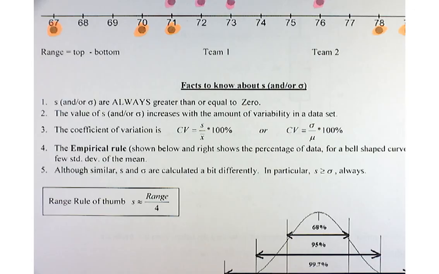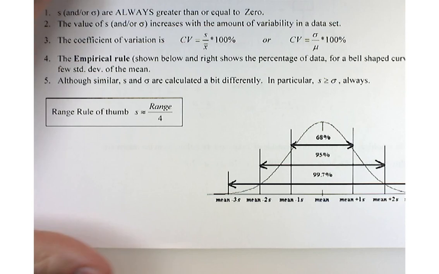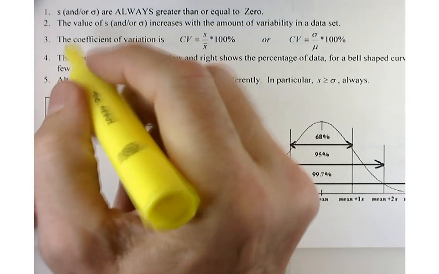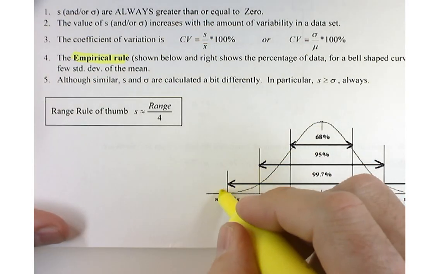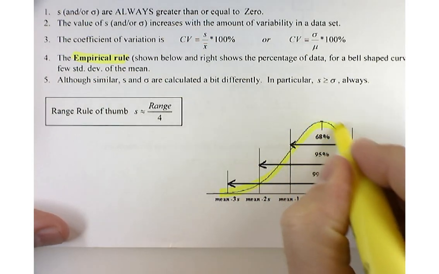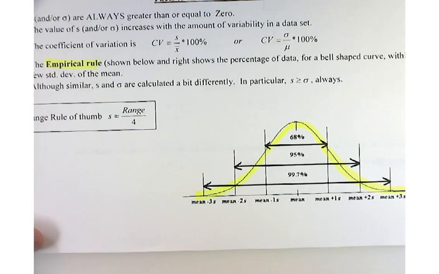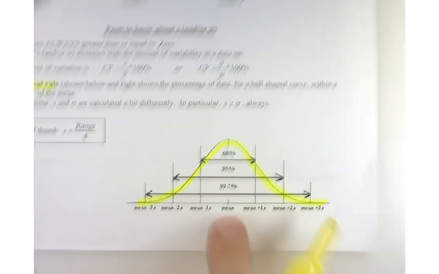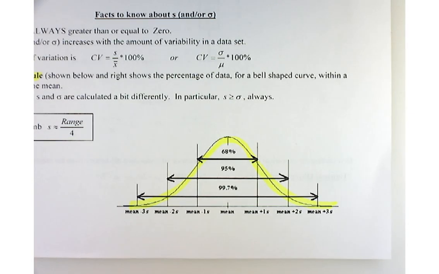Continue and move down here. The last thing we need to cover on this side of the sheet is something called the empirical rule. That applies to data sets that look like this. What kind of a shape is this? Bell shape, normal shape.